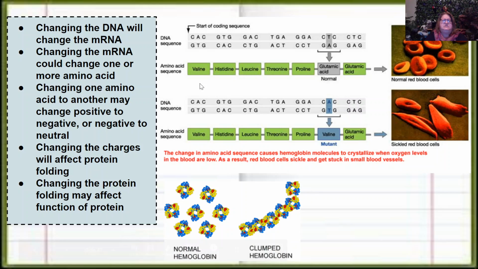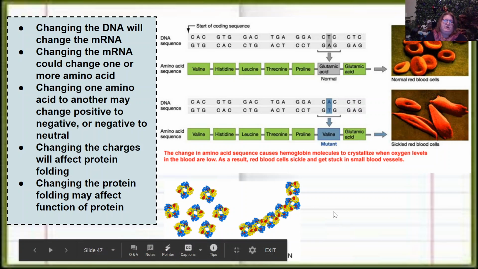If we change the DNA, by our rules of transcription, you're going to change the RNA. If we change the RNA, we could change one or more amino acids, as we just went over.